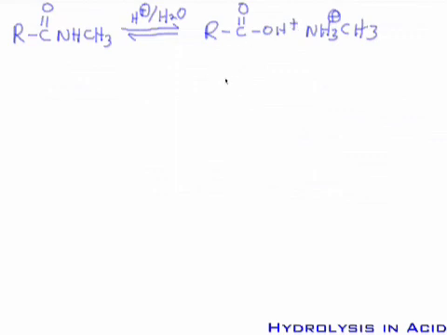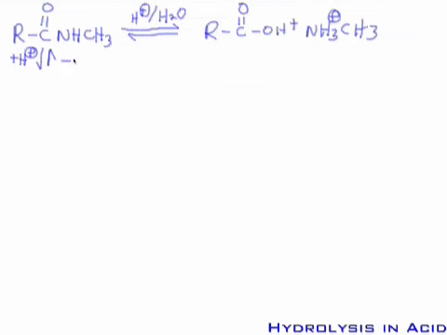Now, this reaction follows the standard nucleophilic process that we've covered for all these groups in acid, and that is protonation of the carbonyl followed by nucleophilic attack. Let's take a look at that. Well, the first step, of course, we're going to go plus H plus.